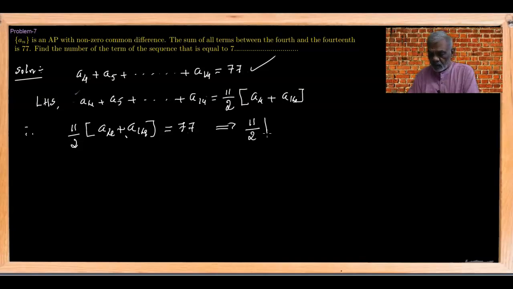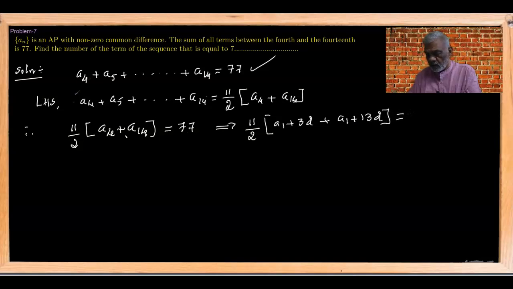A4 is equal to A1 plus 3D, and A14 is equal to A1 plus 13D.